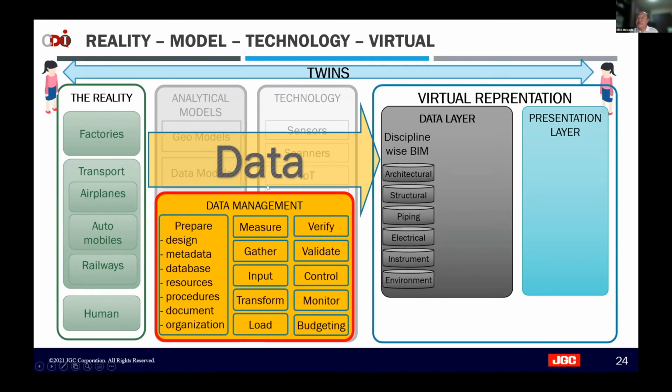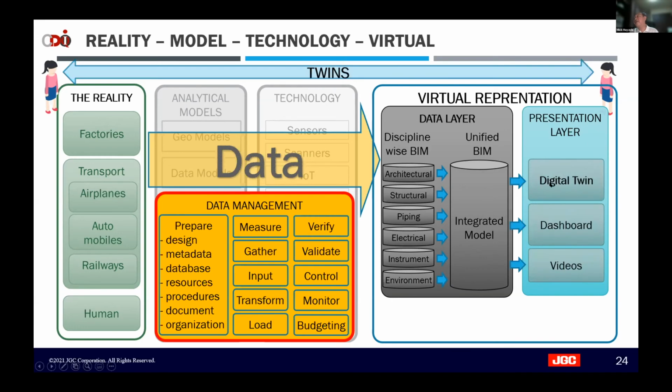Okay, so if the data is successfully fed into the data layer, we can construct discipline-wise BIM, which are partial BIMs, which will be integrated into one uniform model, and then fed into the presentation layer, which can be a digital twin or dashboard or videos.